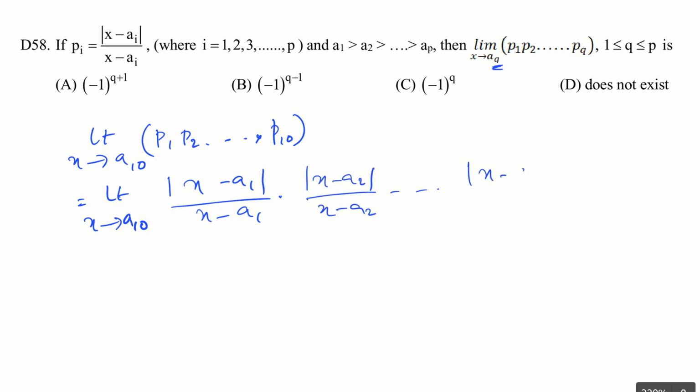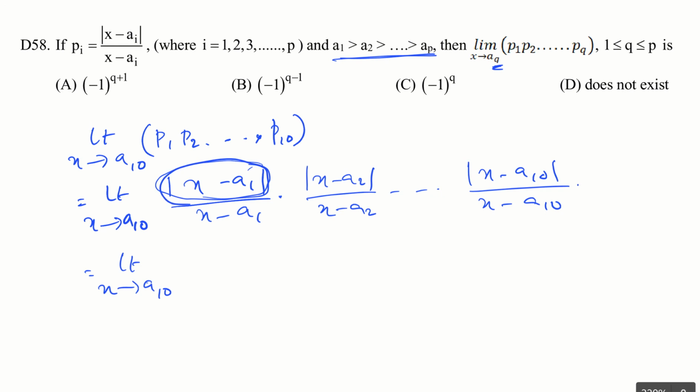Like that, mod of x minus a10 by x minus a10. Now I want you to observe that the way he has given, obviously a1, a2, these are all bigger than a10. So I'll have a minus there. The limit extends to a10.